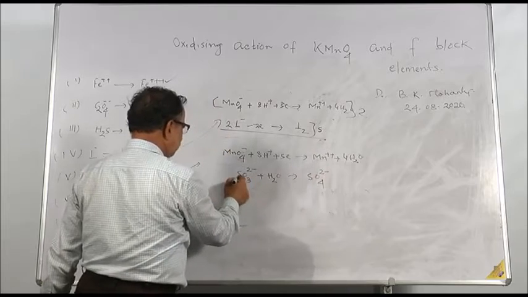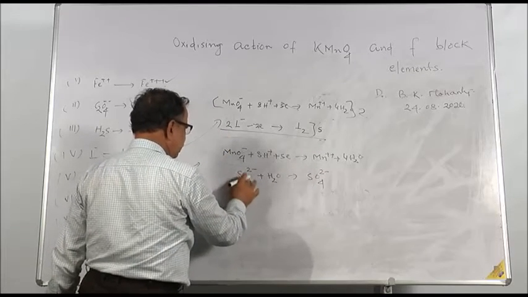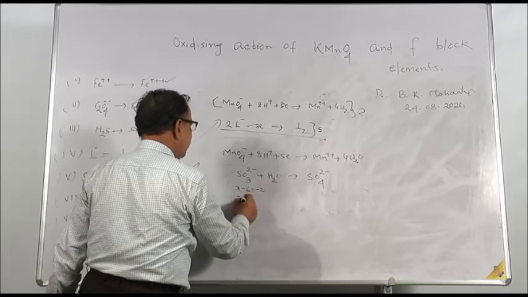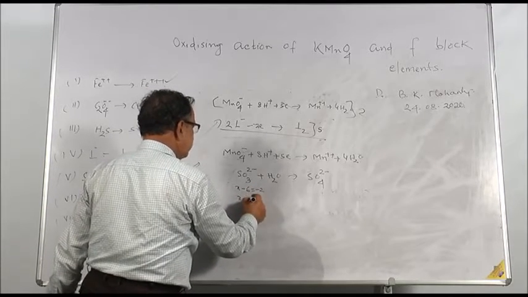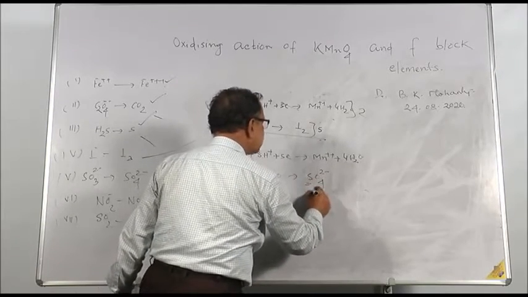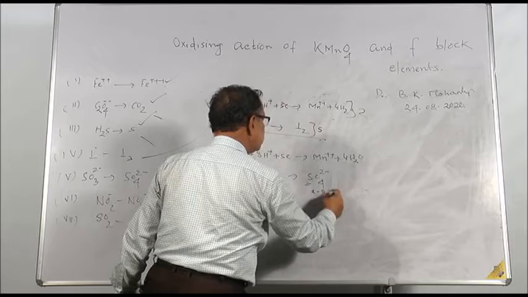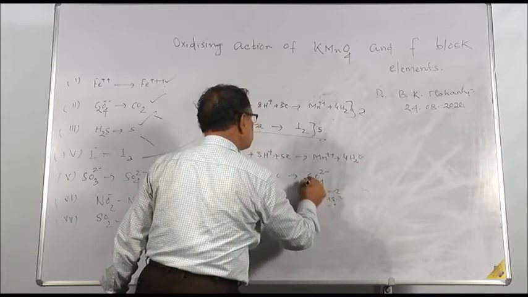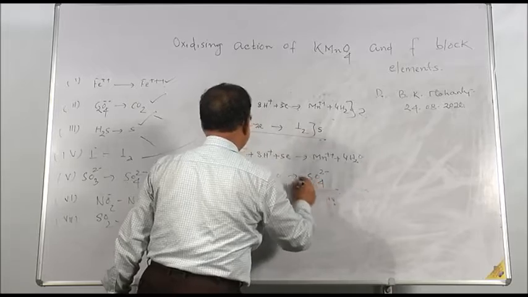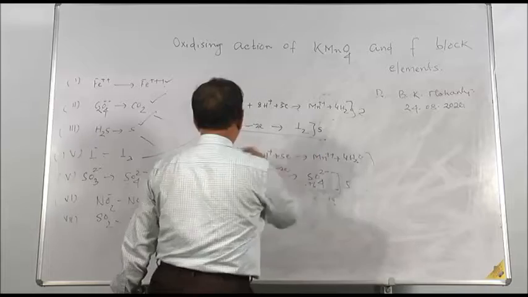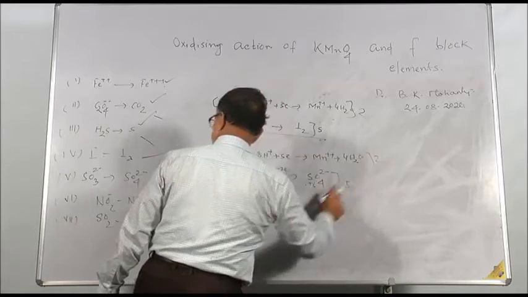You see the oxidation number of sulfur: x minus 6 is equal to minus 2, so x is plus 6 minus 2, equal to plus 4. Here sulfur: x minus 8 is equal to minus 2, so x is plus 8 minus 2, equal to plus 6. So sulfur goes from plus 4 to plus 6. Hence it is minus 2e. We multiply by 5 and by 2 and add the equations.